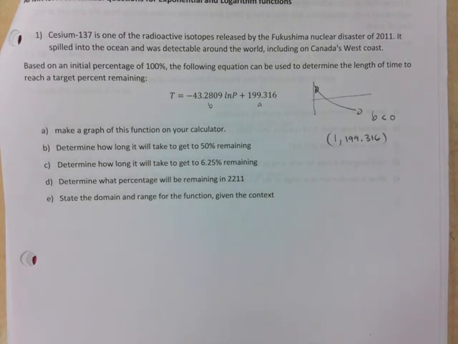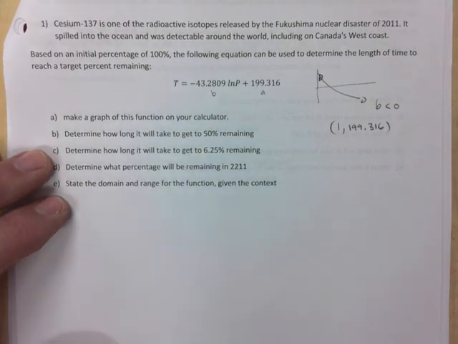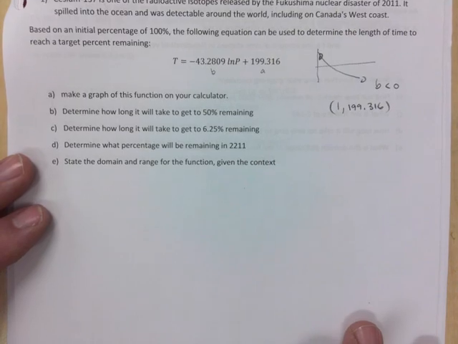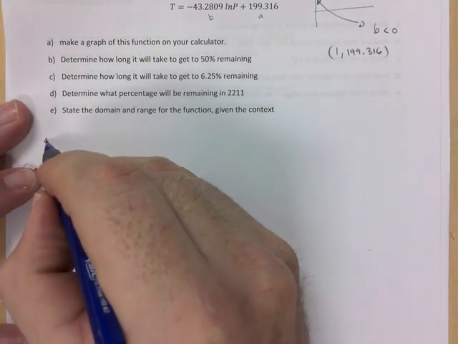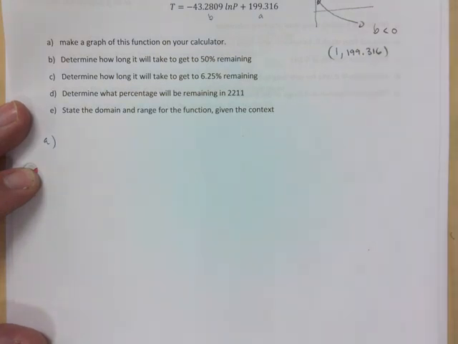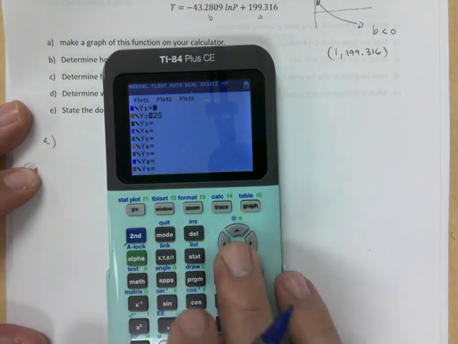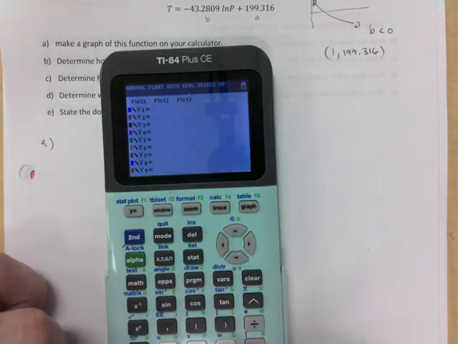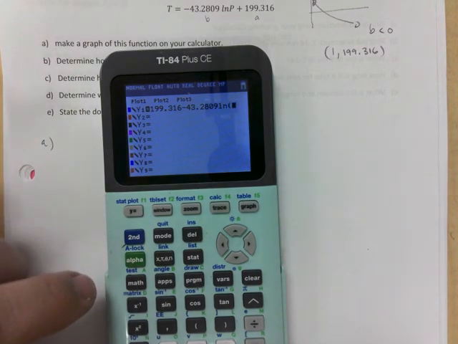The following equation can be used to determine the length of time to reach a target percent remaining. Make a graph using your calculator. We're going to go ahead and do that. I'm going to first type this in: it's really 199.316 minus 43.2809 natural log of x.